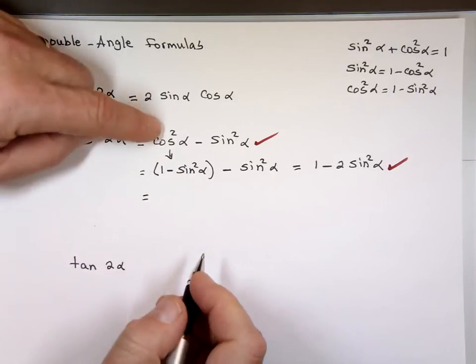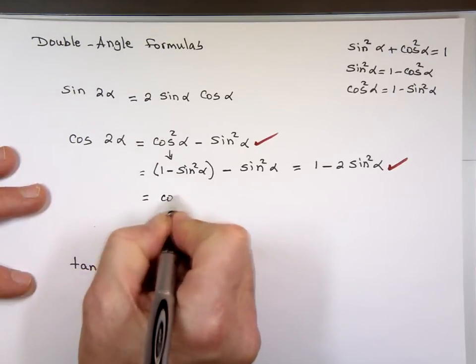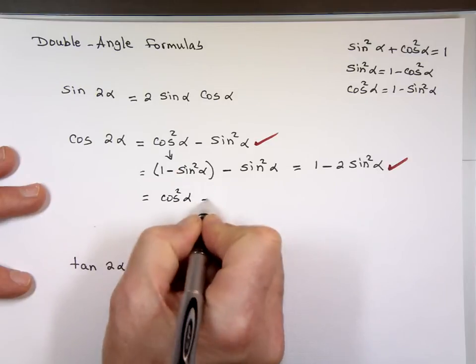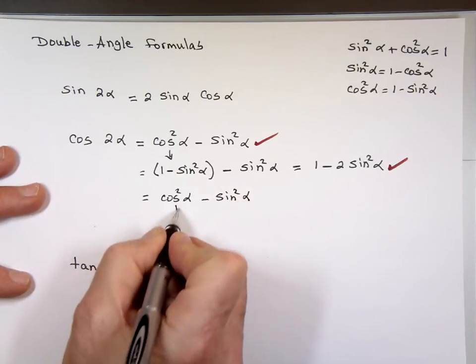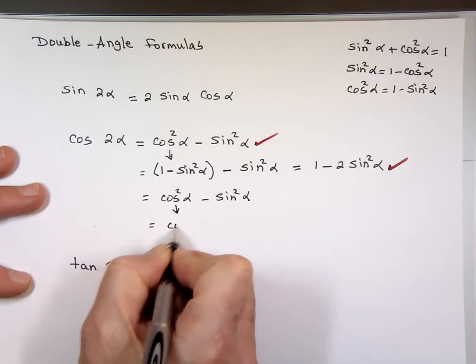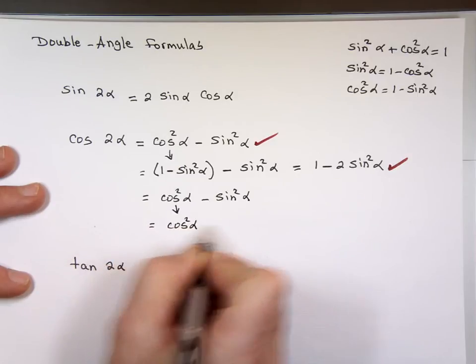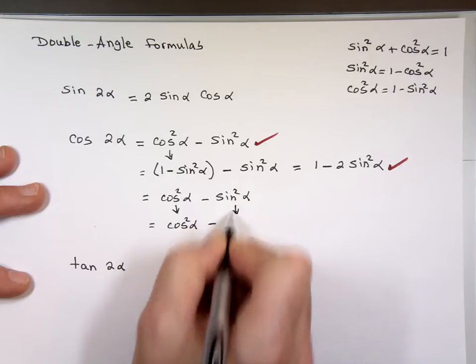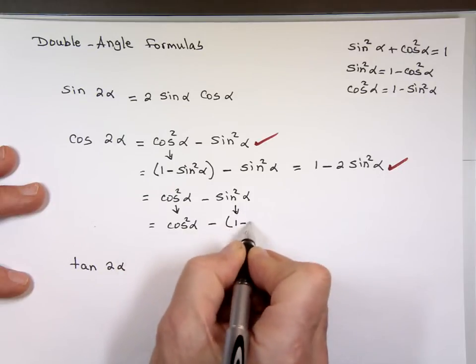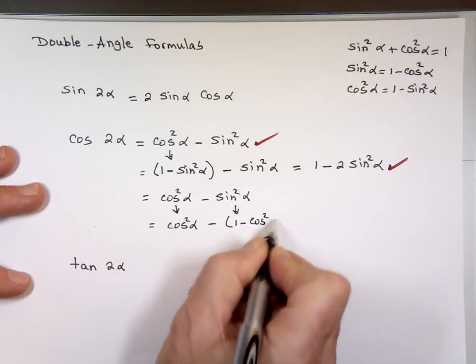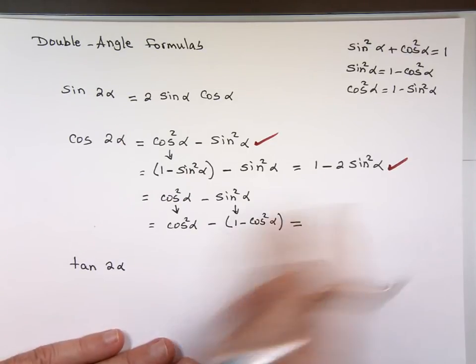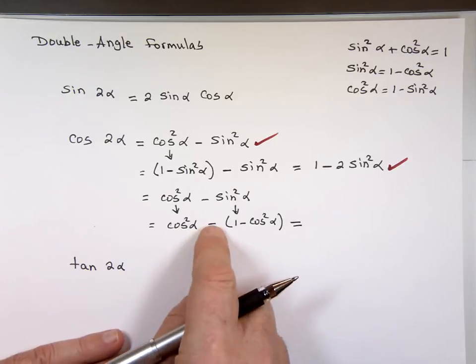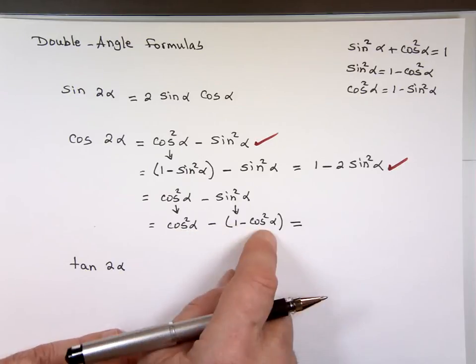Or if you decide to keep it, again, it's cosine squared alpha minus sine squared alpha. What about if you decide to leave this one alone, but in place of sine squared, let's put 1 minus cosine squared alpha. What would you have here? Notice that's a minus 1 plus cosine squared.